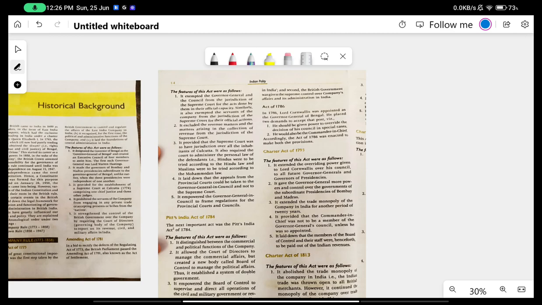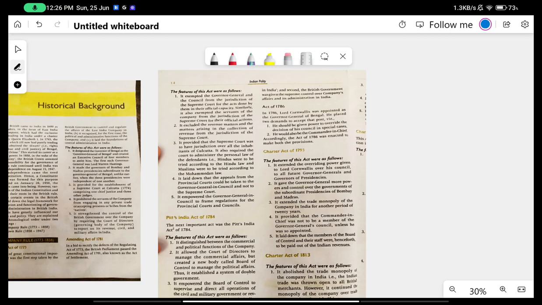Fifth point is to empower the Governor General in Council, again in Council, that is with his council, to frame regulations for the provincial courts and councils. So it is saying that it gave power to the Governor General to make rules or regulations for provincial, for smaller courts and smaller councils.